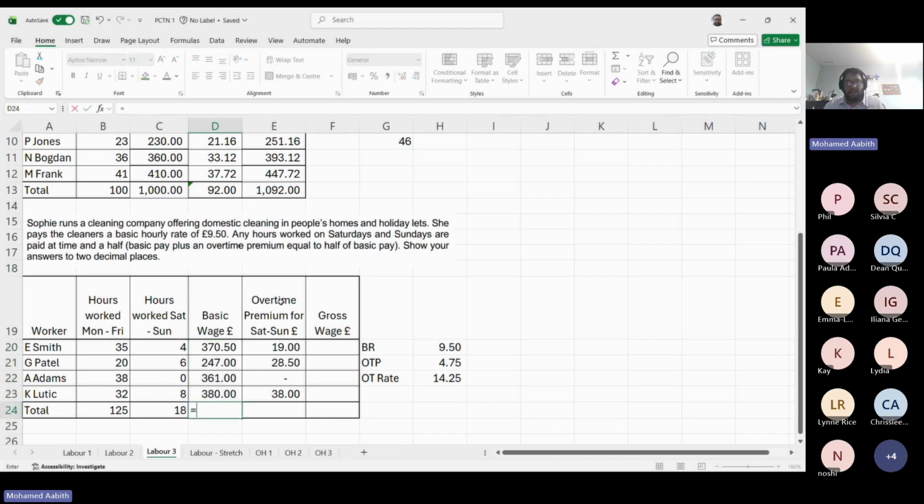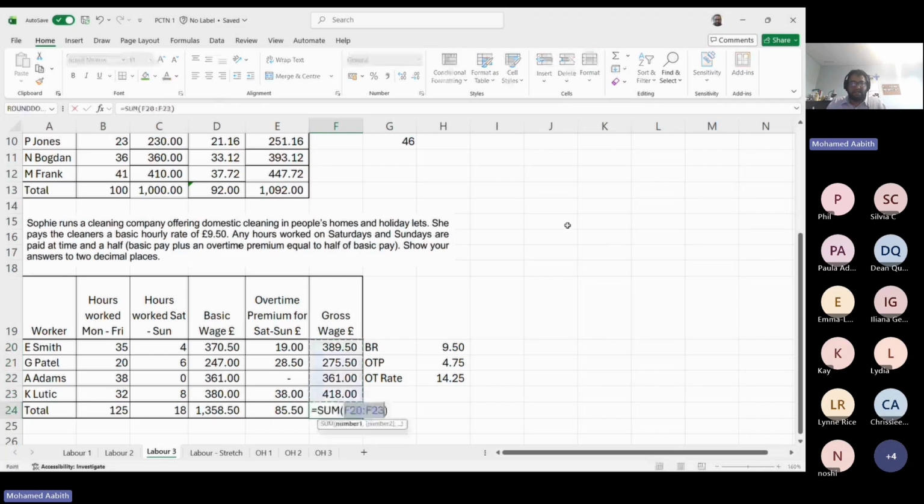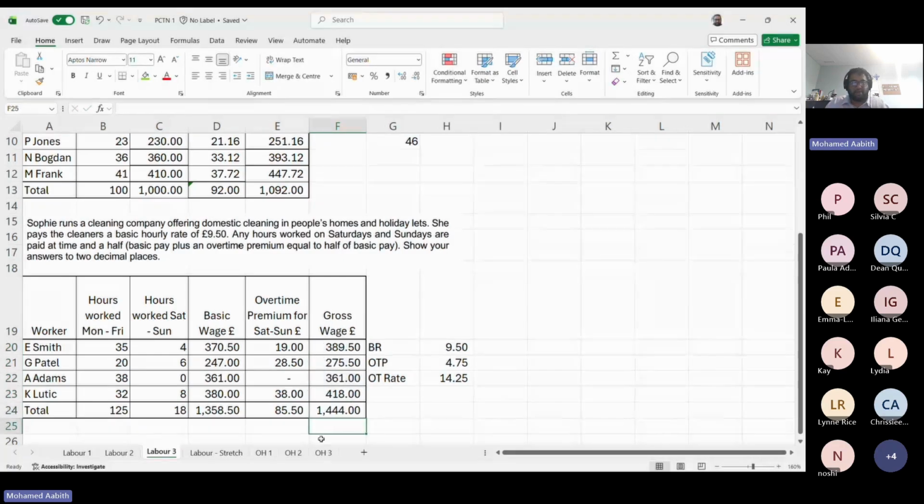So let's say here, let's put the formula sigma, and that is also that number, and your gross wage is going to be equal to that plus that. So let's add them all together, and then finally sigma again. What is that going to give you? 1444. If I'm going to add these two together as well, you will get that number.